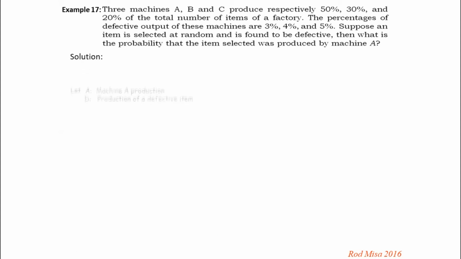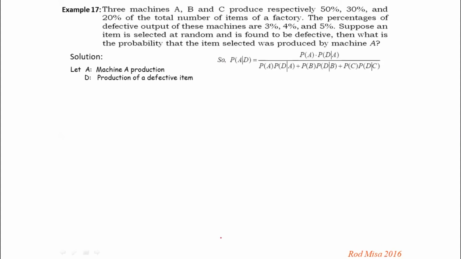So this is a problem that needs the application of the Bayes rule, the Bayes theorem. So first, let us represent our events. Let A be the event of the machine A production, and let D be the event for the production of a defective item. So solving for the probability that the item was produced by machine A, given that it was a defective item, can be solved by this Bayes rule formula.